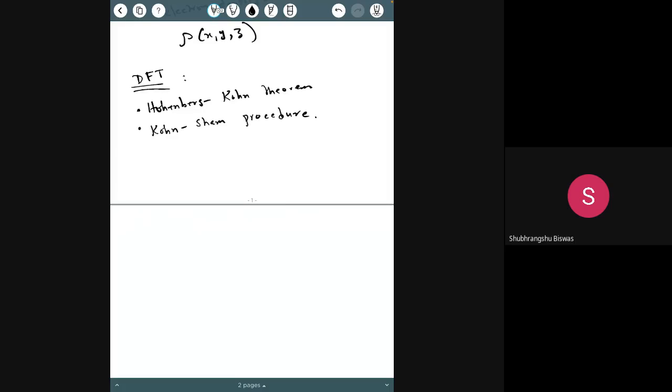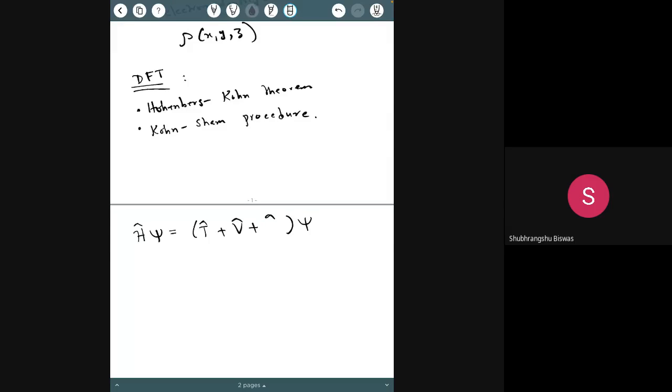So what did the Hohenberg-Kohn theorem say? Before that, let's write just the Hamiltonian very simply. I said no equations, but I think this doesn't classify as an equation.